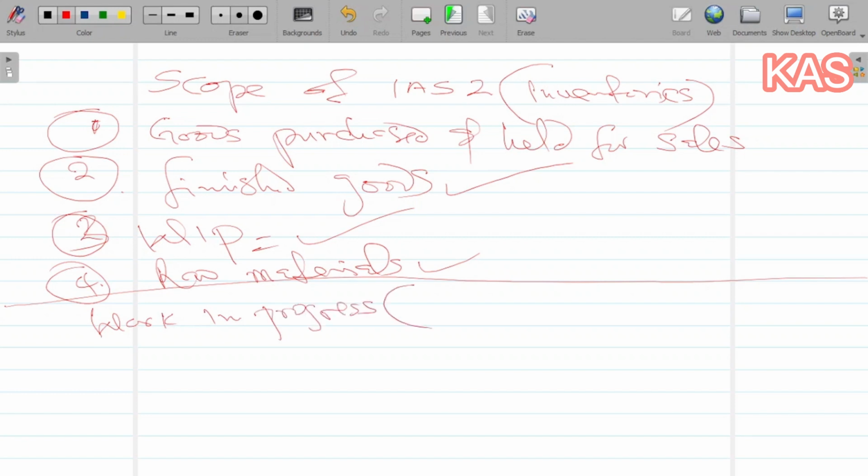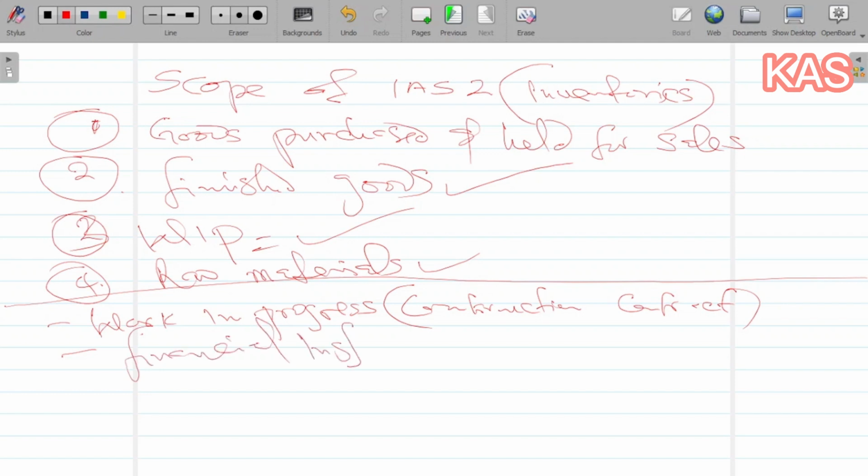But this work in progress is under a construction contract. So any work in progress that is under a construction contract is not covered under IAS 2. That one is covered under another accounting standard. Then the next one is financial instruments.